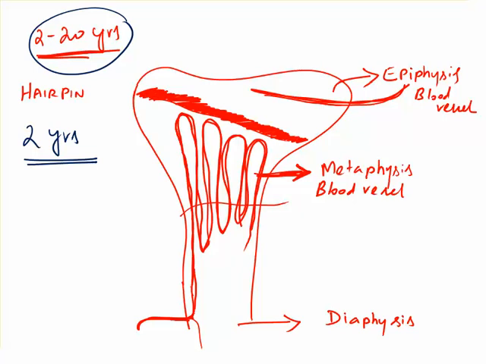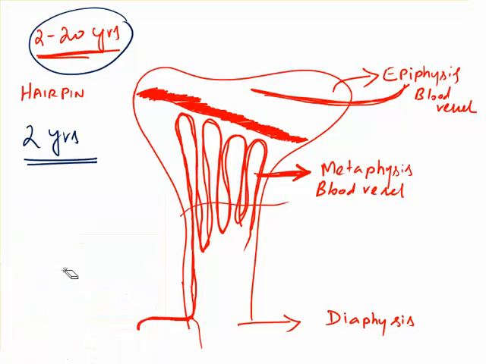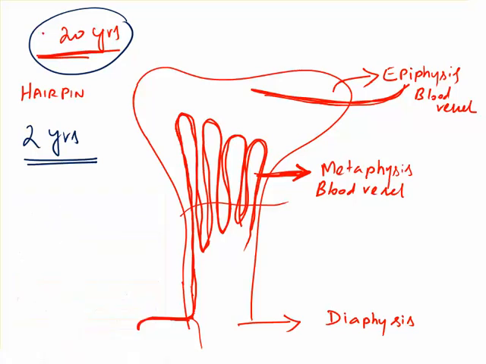Now I am going to draw the vascular architecture pattern after 20 years of age. What happens after 20 years of age? The growth plate disappears. So this is above 20 years of age. You all understand the three vascular patterns.